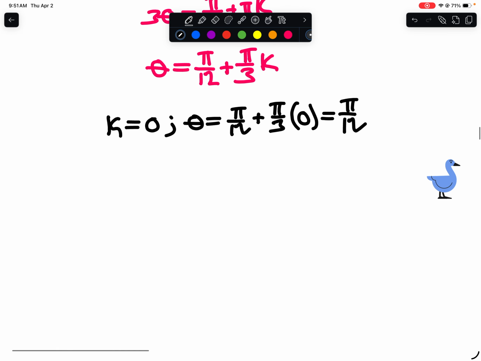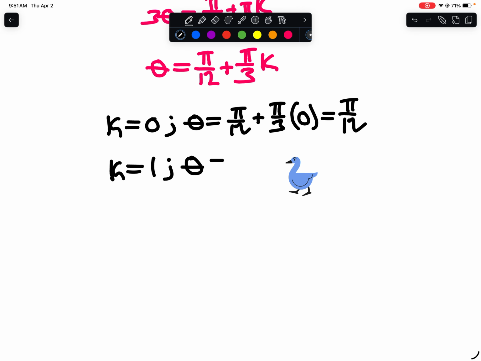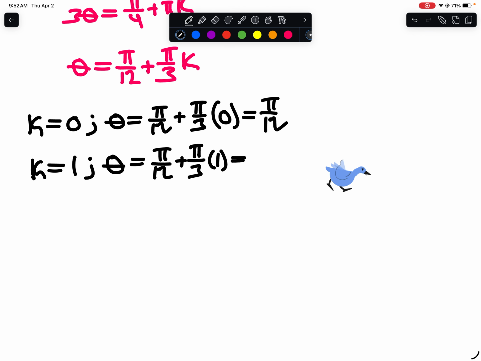Okay, and then I'm going to do this for a few k values. After a few values, hopefully you can see why we're going to stop after a few. So then we're going to do pi over 12 plus pi over 3 times 1. So when I do this, I'm going to get a common denominator, so pi over 12 plus 4 pi over 12, which is going to be 5 pi over 12.